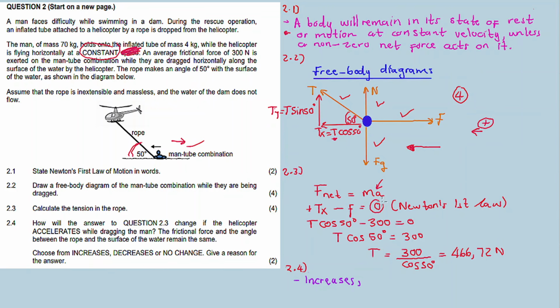So when we transpose the 300, we will get something more than 300. And if it's more than 300, it means T will be greater than the T of 466. So therefore it's because F net is greater than 0. That's the reason why. Now 2.4 has a second part of the question, but first I think I should erase here.